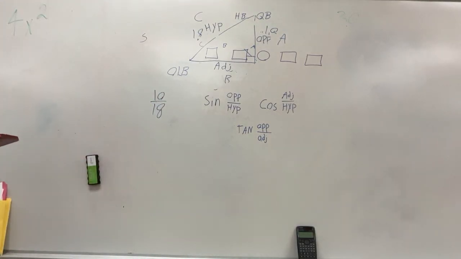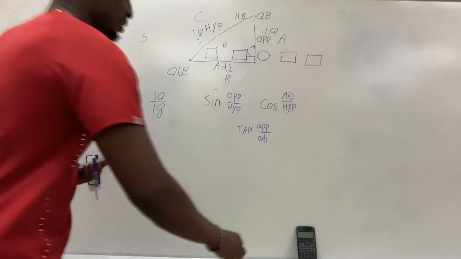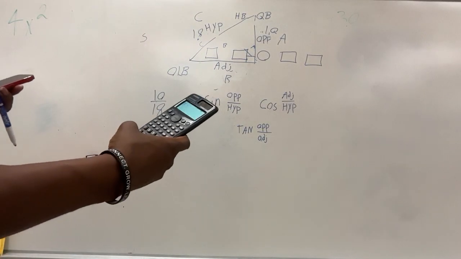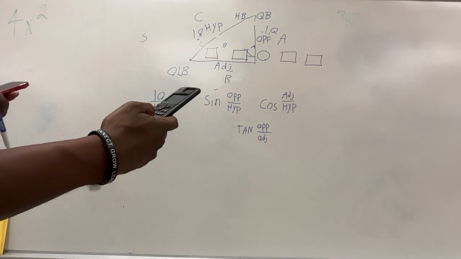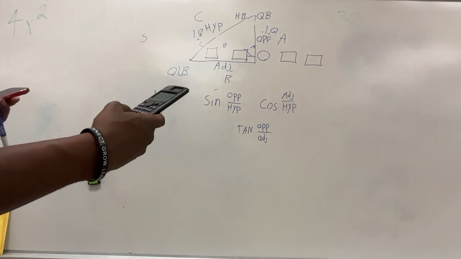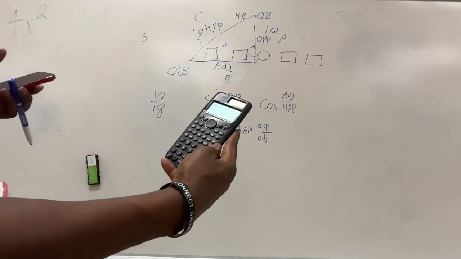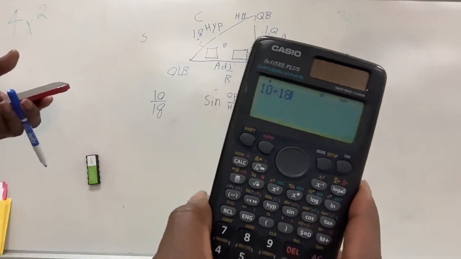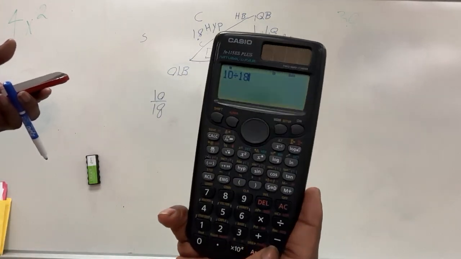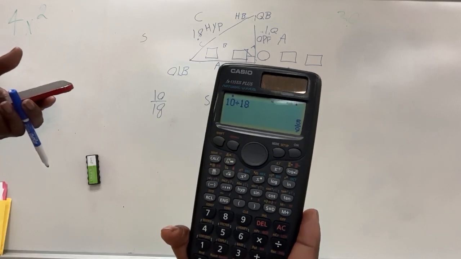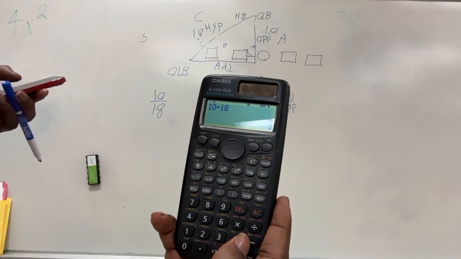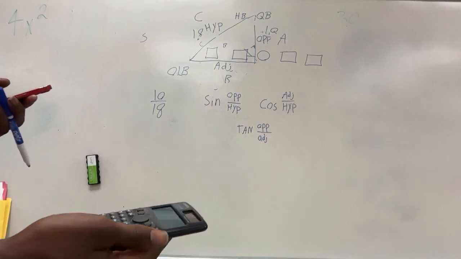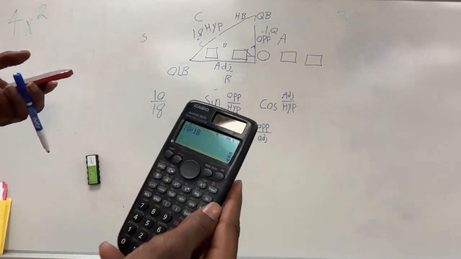10 divided by 18, let's do it with the calculator here. 10 divided by 18. Go ahead and press equals. Got 5 over 9. If I want to turn that to a degree, but hey, cool, leave it like that.